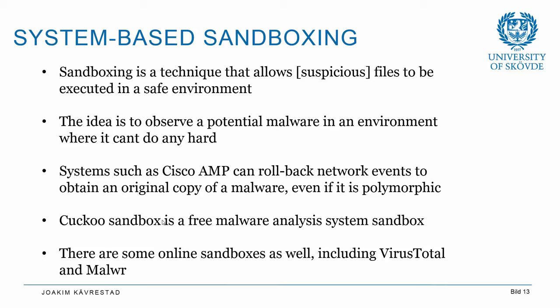We can backtrack a file and get the state it was in when it first entered our network. Then there are different sandboxes that we can use to execute it and look at how it works. One is Cuckoo Sandbox, which is a free malware analysis sandbox, and there are some online sandboxes, including VirusTotal, which I use all the time, and malware.